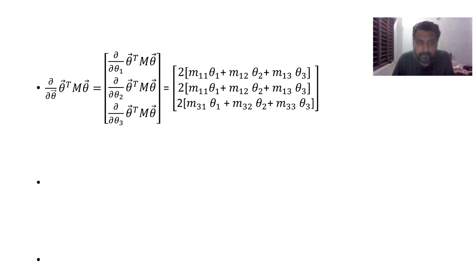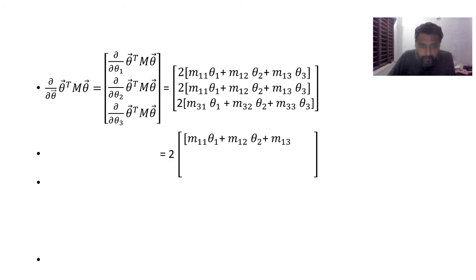There is also one small mistake there. So that changes to 2 into, if I take 2 outside, M11 θ1 plus M12 θ2 plus M13 θ3, and the second term will be M21 θ1 plus M22 θ2 plus M23 θ3. That also I have written wrong, so just change.